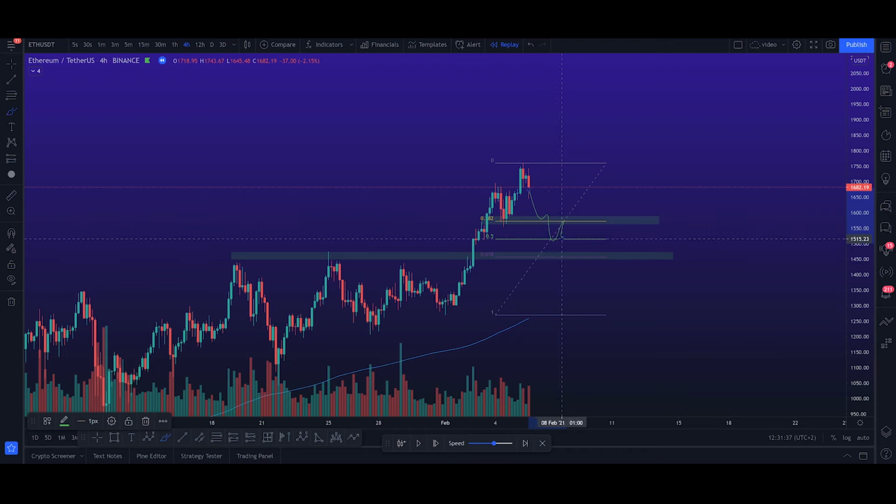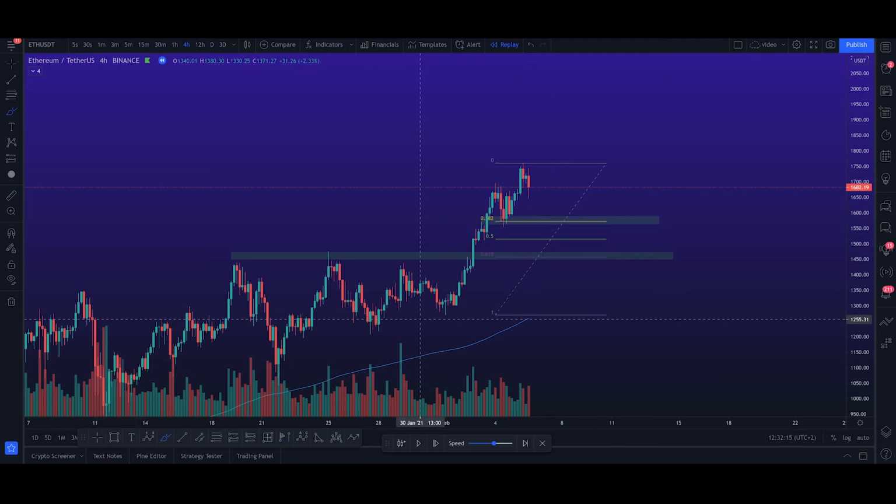The third possibility would be that it doesn't hold any of these levels and continues to the 0.618 and retraces from there. And of course, we have two more, the two most important when managing risk also, is the assumption that it will not hold any of these three, and it will head to the start of the trend, which happens on big market retracements.